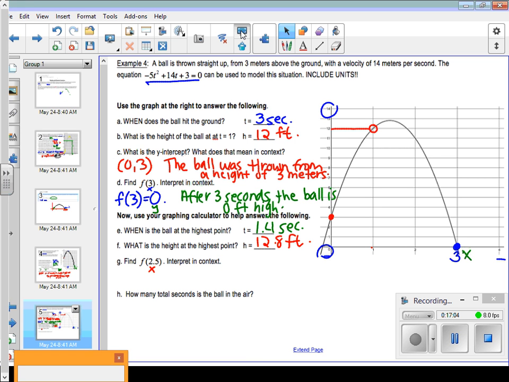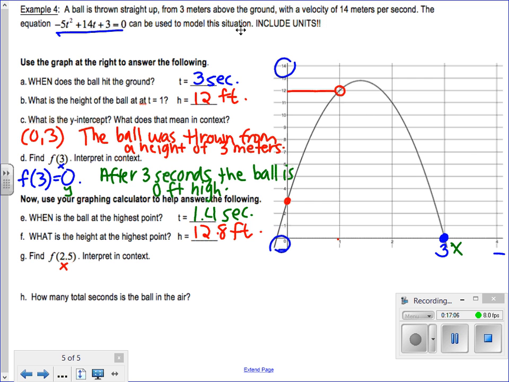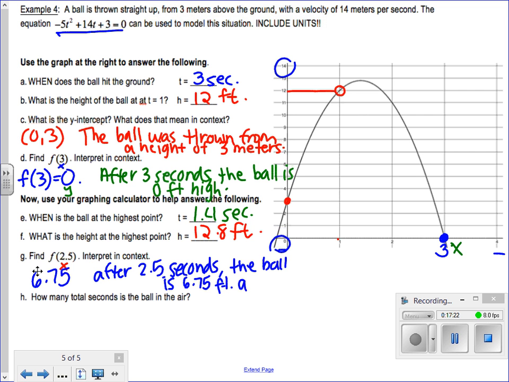So f of 2.5 is 6.75, and that means after 2.5 seconds, the ball is 6.75 feet above the ground.